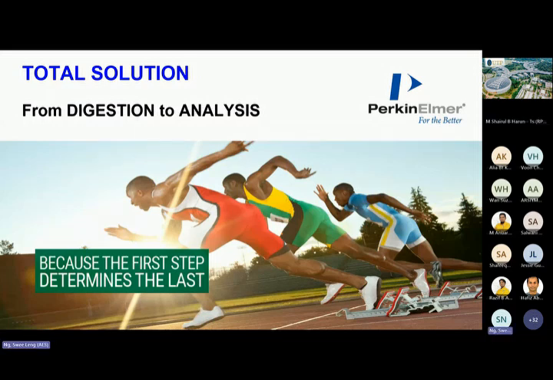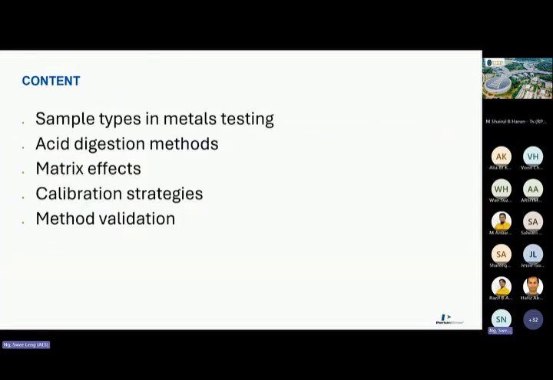So thank you very much for inviting me for this short session, about 45 minutes. The topic given to me is more like sample types in metal analysis. I will cover this topic, acid digestion method, and then what is matrix effect and calibration strategy.